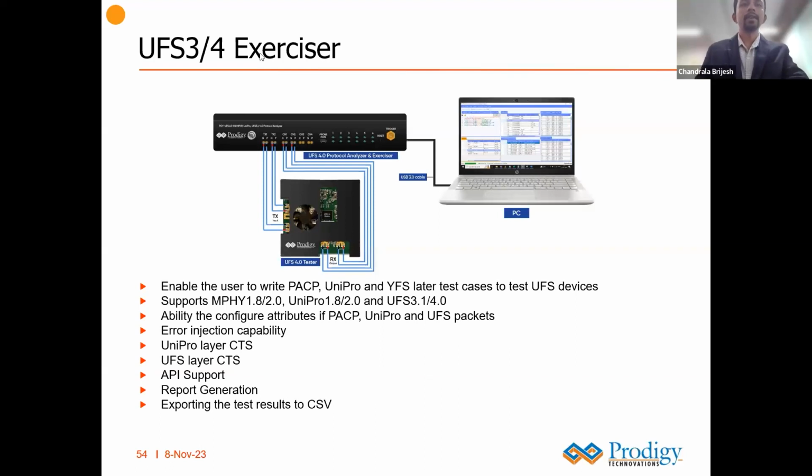Okay, so this setup is already explained by Godfrey; this is our UFS exerciser PA unit. From that we can connect TX to the tester board, and then we can place the memory on the gripper socket.